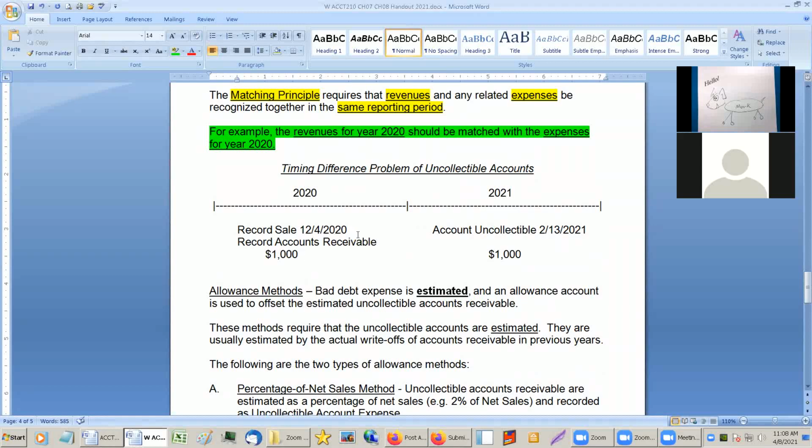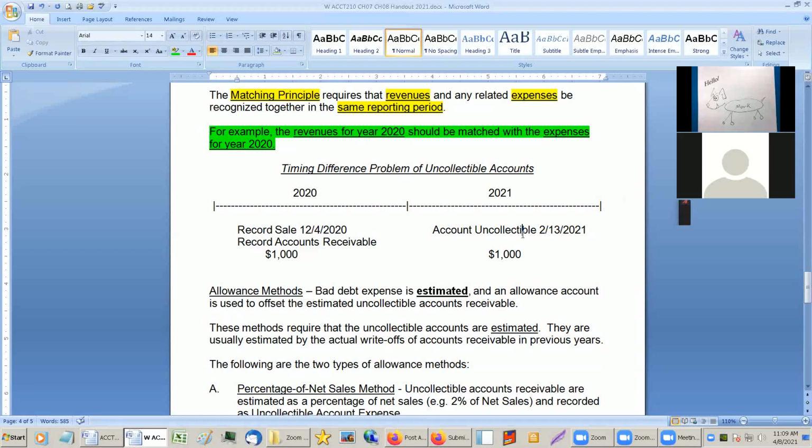So you record the sale, you record the accounts receivable in 2020. However, suppose that accounts receivable is found to be uncollectible in the next year. All right, so there's a problem there.